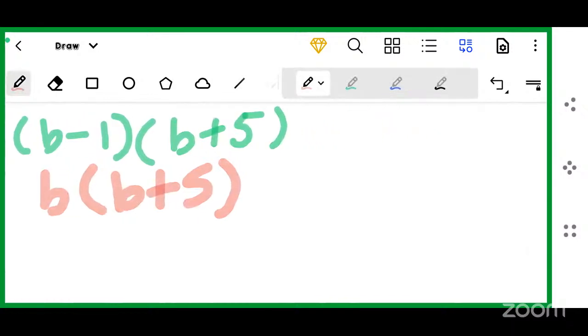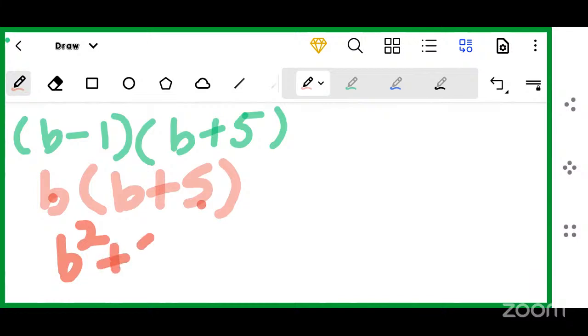So what is b multiplied by b? b to the power of 2. Perfect. And what is b multiplied by 5? 5b.